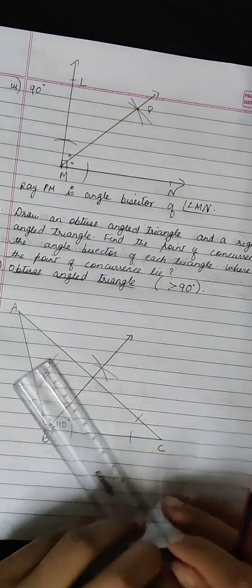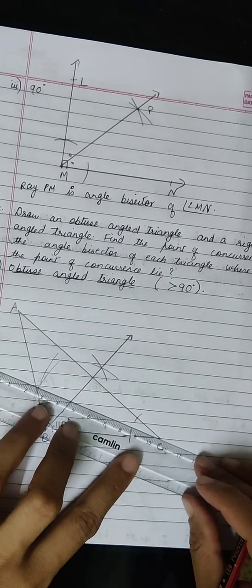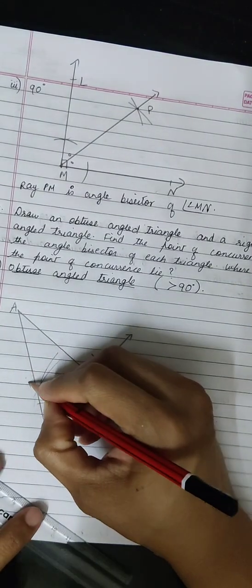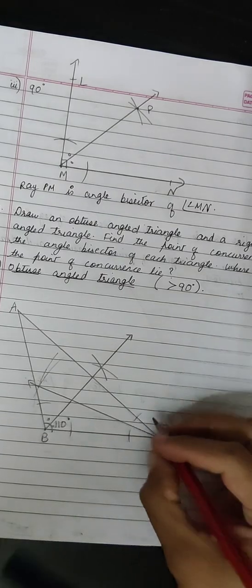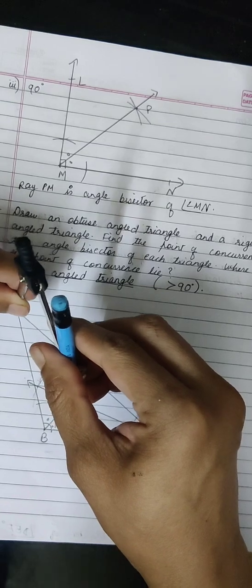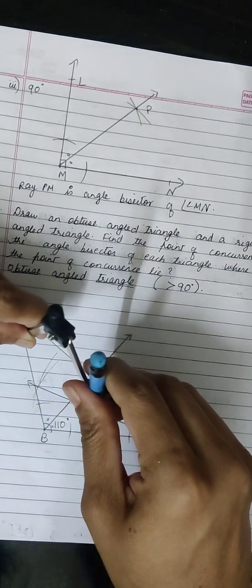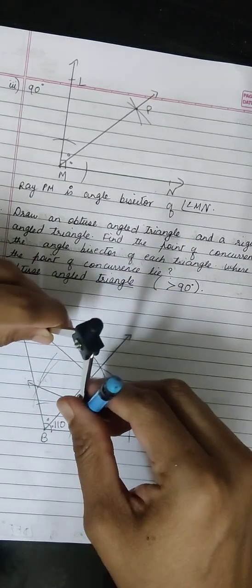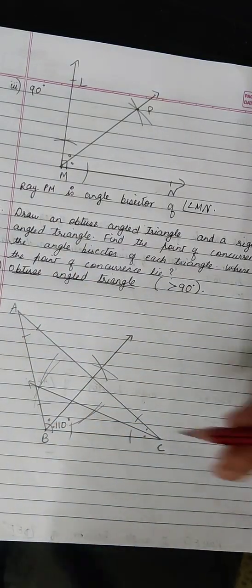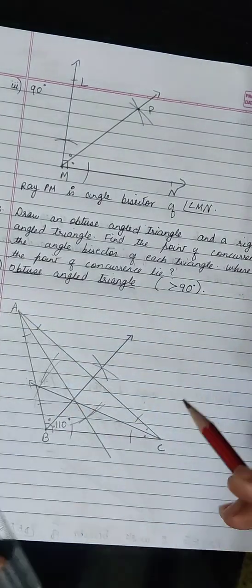Then join the 2 points, so this is the angle bisector for C. Now I have to make it for A. Again make 2 small arcs, open the compass and draw 2 arcs where the arcs are joining and A, make a ray.